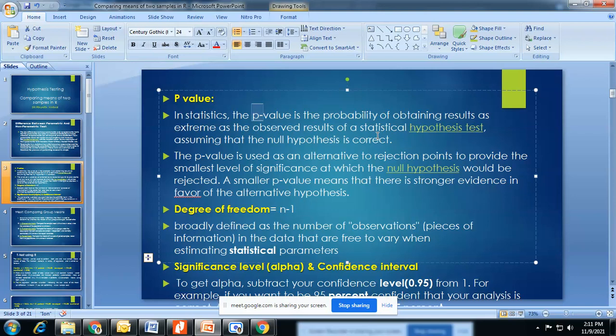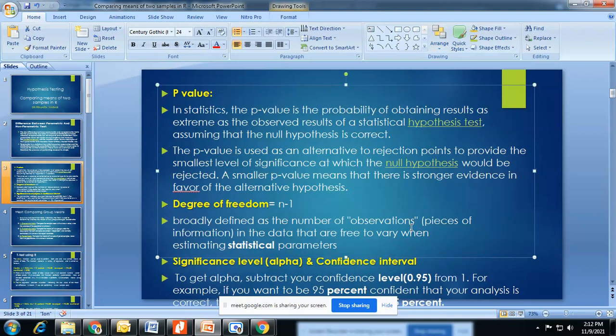We can define degree of freedom as the number of observations in the data that are free to vary when estimating statistical parameters. So that much variation is allowed, and that is defined by the degree of freedom.